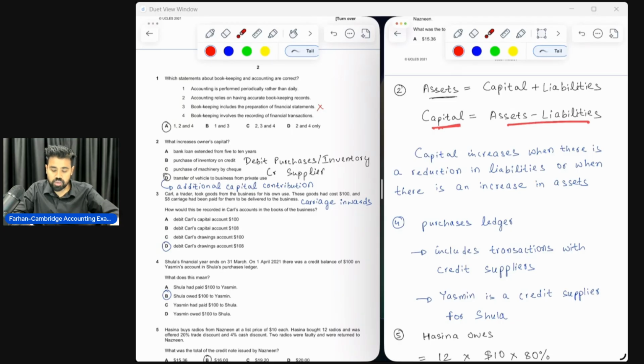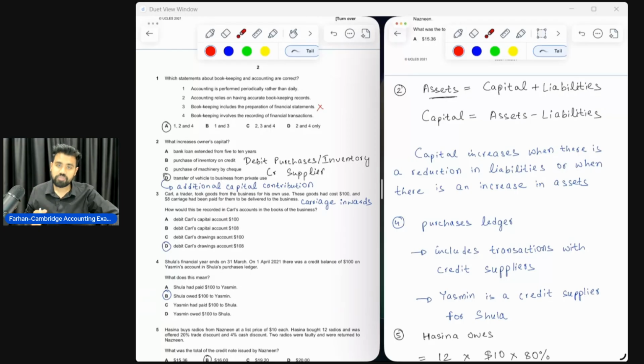So based on this equation, we can clearly see that capital can only increase when there is an increase in assets, or when there is a reduction in liability, right? On that basis, within each of the options, we need to assess whether there is an increase in assets or a decrease in liabilities.